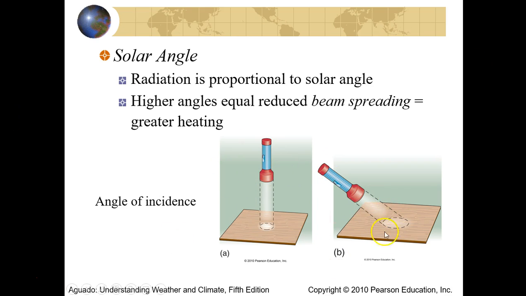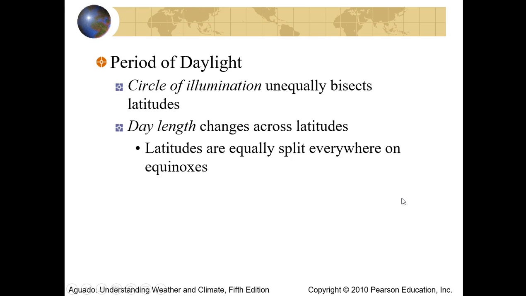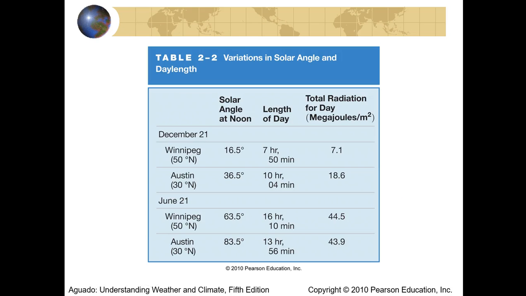The poles tend to perpetually get oblique or very low sun angles, and that's why they're perpetually cold. Whereas when you live where we do, we spend part of the year getting a mix of more direct sunlight, and then we have distinct seasons where we have very low indirect sunlight, and that's why our weather changes so much.